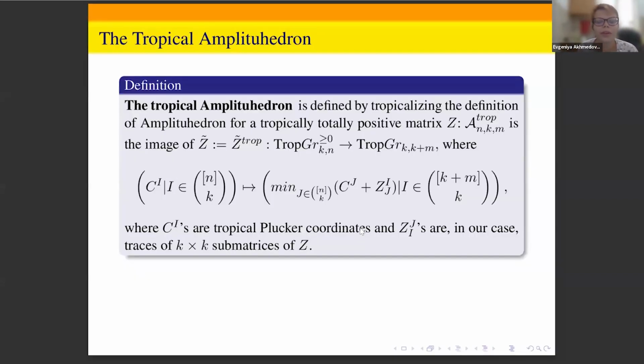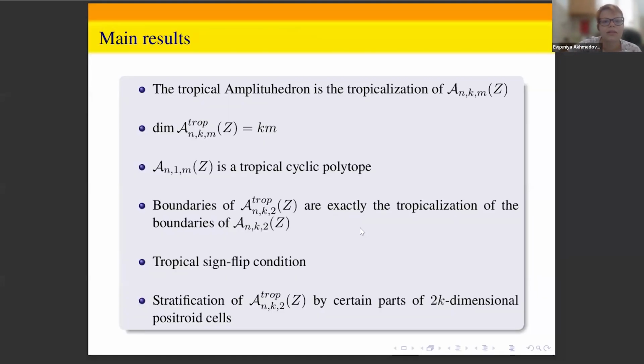So we define the tropical amplituhedron as tropicalizing the polynomials which give us the y coordinates in the regular amplituhedron, and the fact that the diagram we saw before commutes comes from Z being totally positive. So what do we know about it?